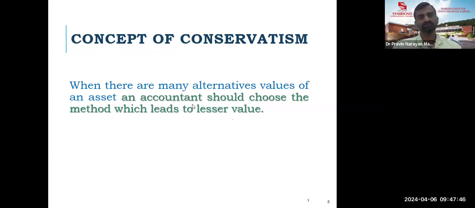Because in accounting, when there are multiple accepted methods for evaluating an asset, as you know, the asset can be valued in multiple ways, like we can calculate the value of an asset on the book value method or the market value method. So there are multiple methods, and it is necessary to use the proper method, and we have to understand the alternative values of an asset.